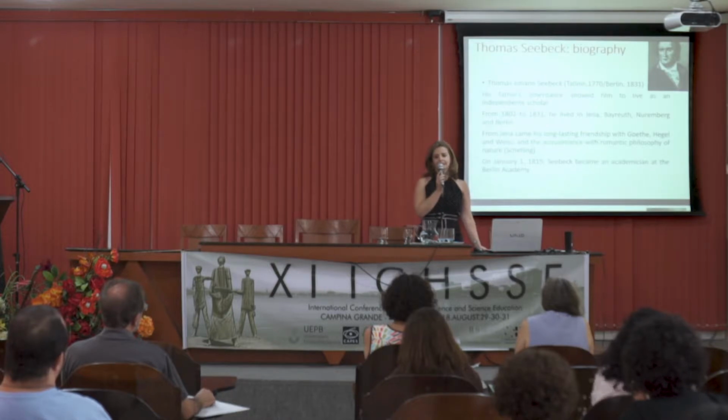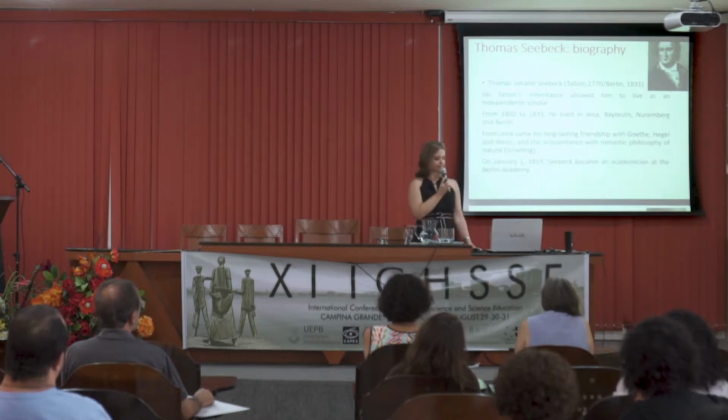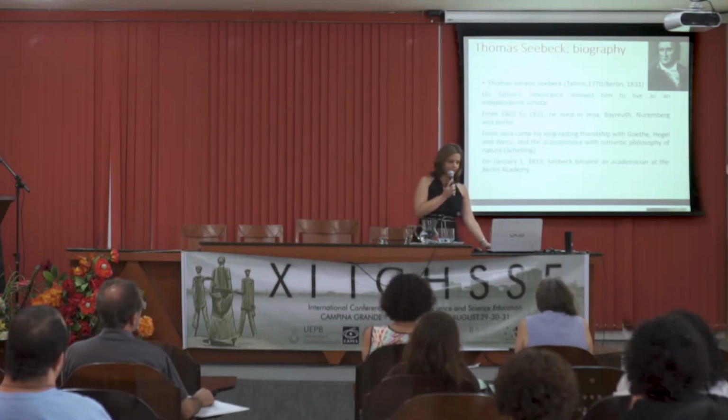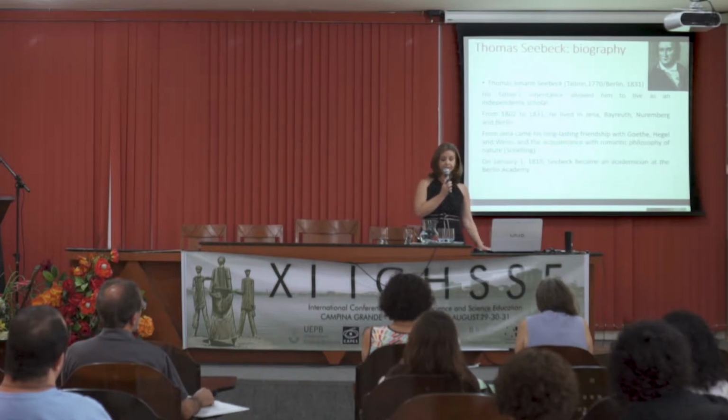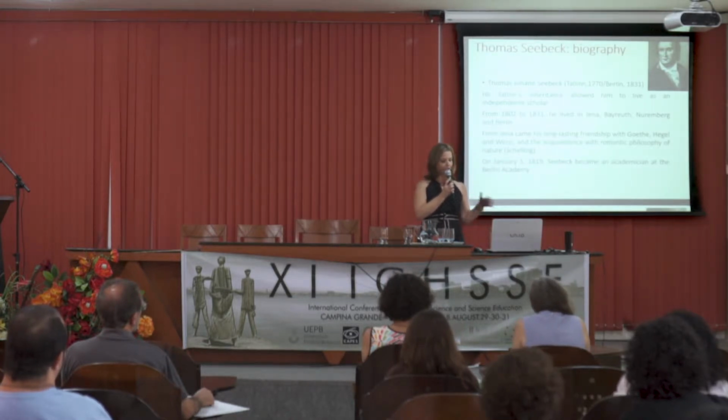Thomas Seebeck worked most of the time as an independent scholar. Sorry for the mistake there, it's the autocorrection. He had an inheritance from his parents, so only in 1819 did he get a position at the Berlin Academy of Science, but before this year he always worked as an independent scholar.